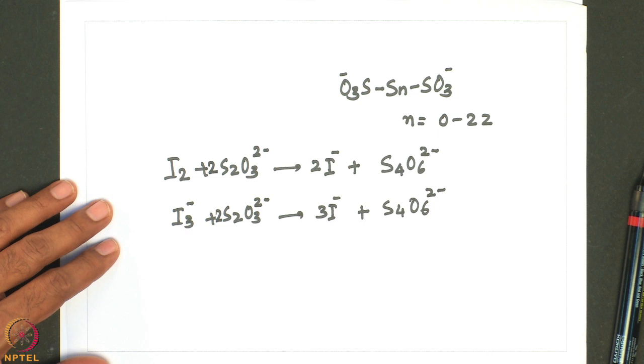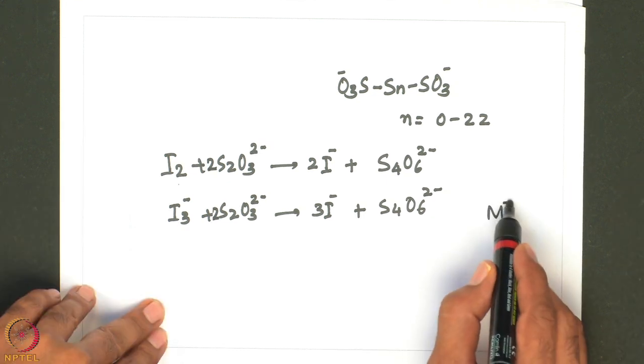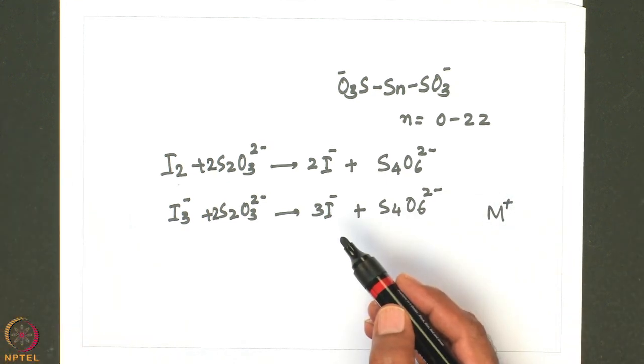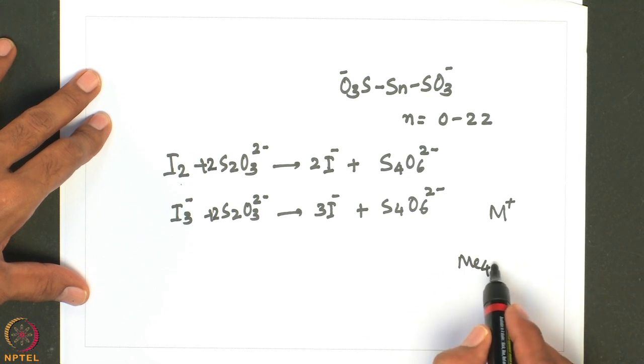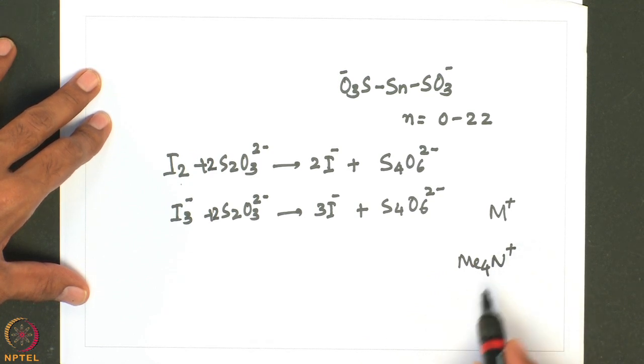The solubility of I3 minus is dependent on the size of the cation M plus we are using here. Okay. And to precipitate I3 minus ion from solution, large cations such as tetramethyl ammonium or tetraphenyl arsonium are preferred.